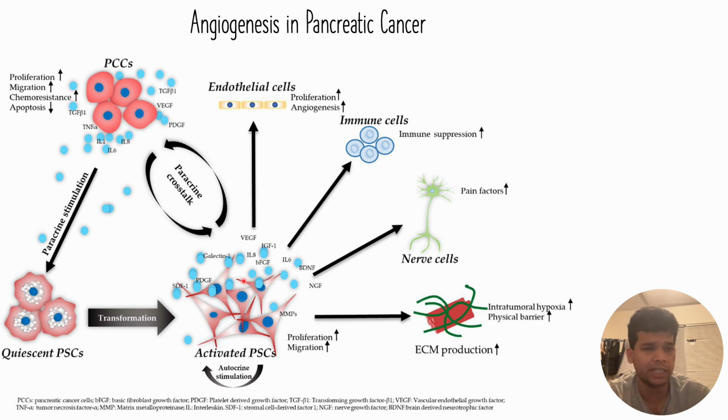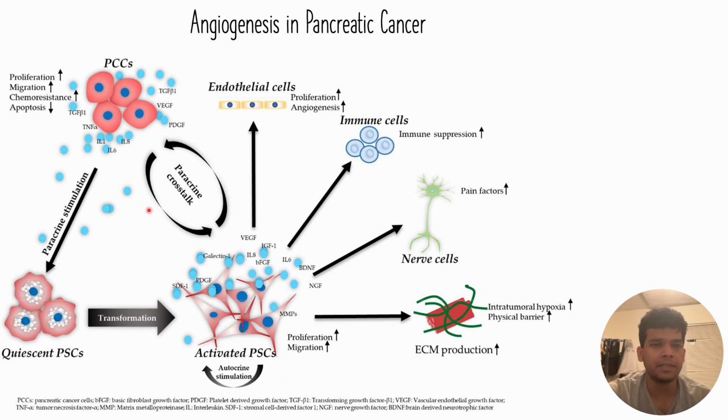So these are the activated stellate cells, and paracrine stimulation occurs. In order to activate this PSC, first this paracrine stimulation occurs so that the quiescent PSC is transformed, and it then forms an activated PSC.